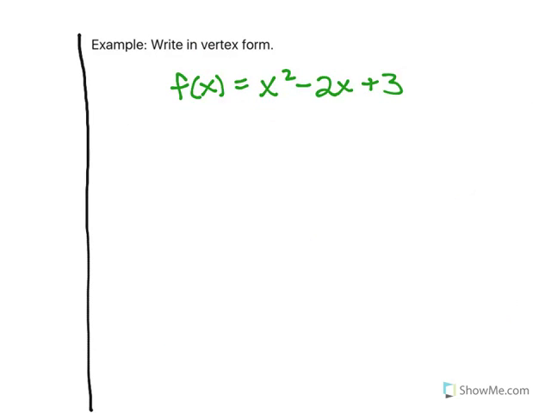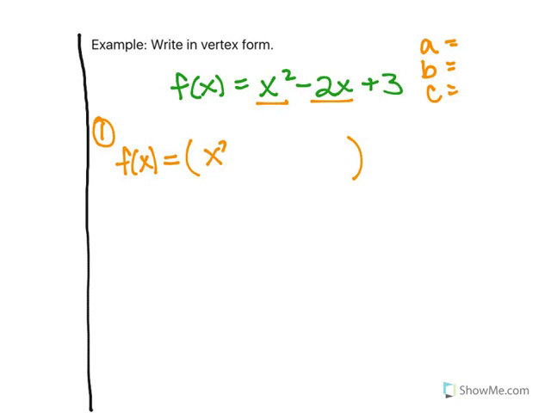All right, so here's our first example. We're going to define our variables after we rewrite this equation. So we're going to rewrite f(x) equals, and then remember, in parentheses, we're going to put the ax squared term and the bx term.